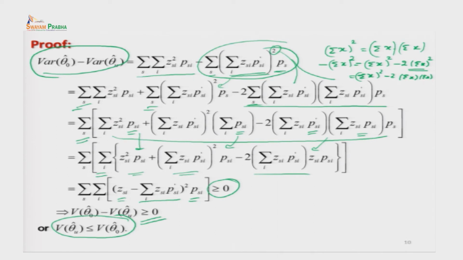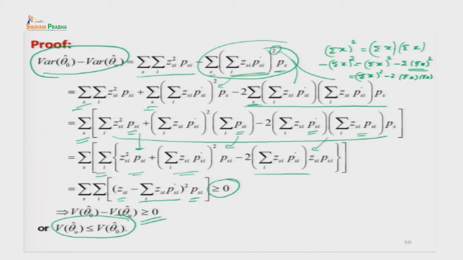So in this result we have shown that if you have some ordered estimators, you can construct an unordered estimator which is going to have the same expectation. Both the ordered and unordered estimators have the same expectation, but the variance of the unordered estimator is going to be smaller than the variance of the corresponding ordered estimator.